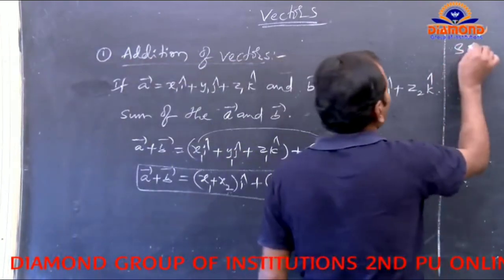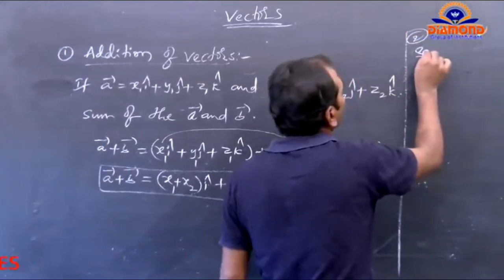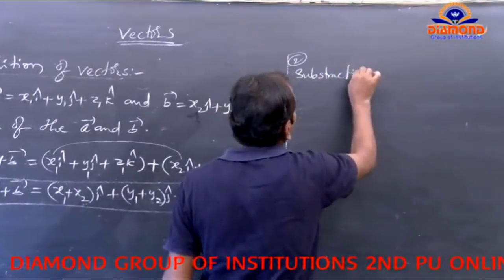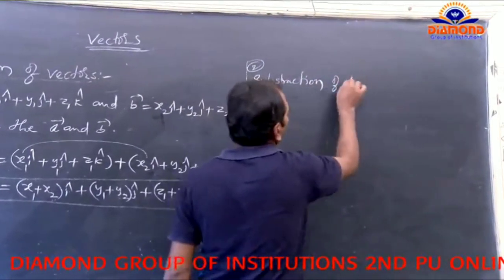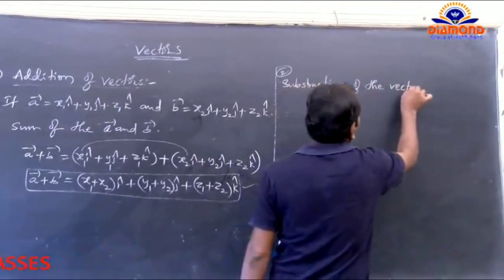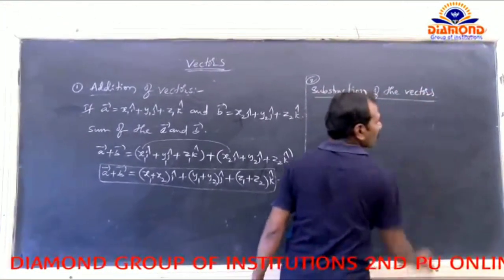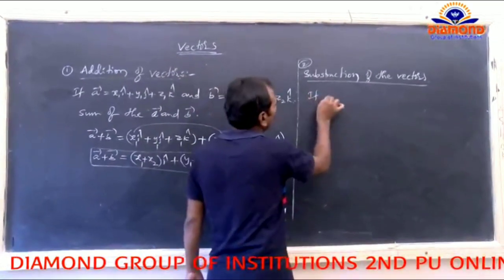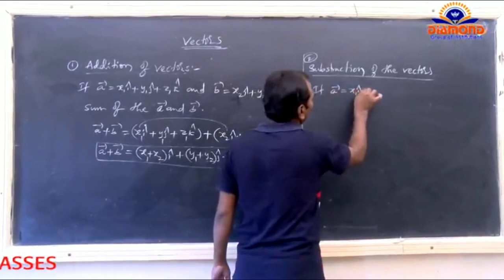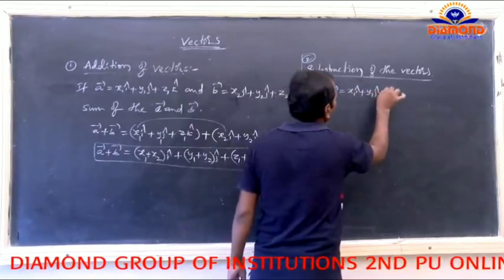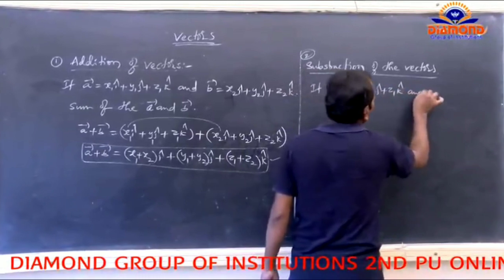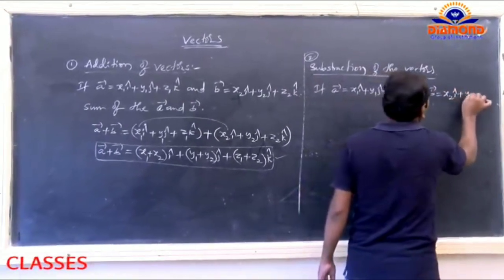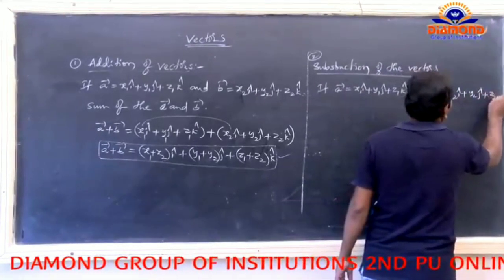Next, subtraction of the vectors. So simple. If A bar equal to x1 i cap plus y1 j cap plus z1 k cap and B bar equal to x2 i cap plus y2 j cap plus z2 k cap.